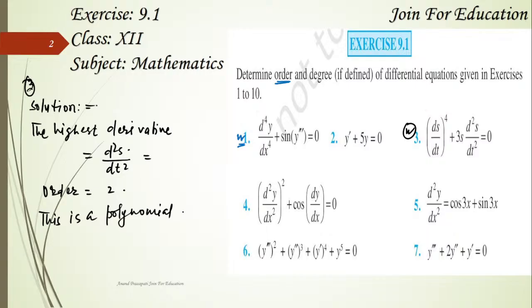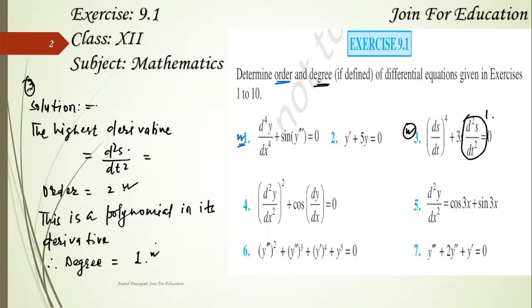Therefore, this is defined for degree. The maximum power of this one is 1. So the degree here will be 1. Hope there is no problem to understand the solution of question number 3. The order will be 2 and the degree will be 1.